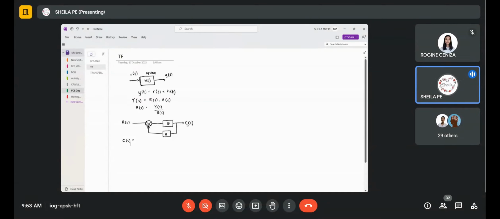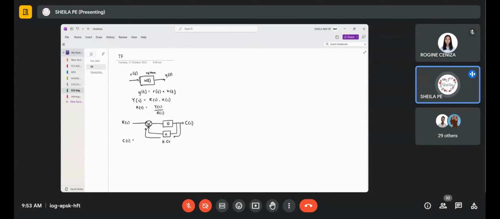So after that C(s), it goes through our system, our process. Now, that C(s) will go through our H. It goes to our feedback. Okay? Through convolution property, you can have H C(s). Right? After that, its output goes back to the summing junction, or our junction generally.